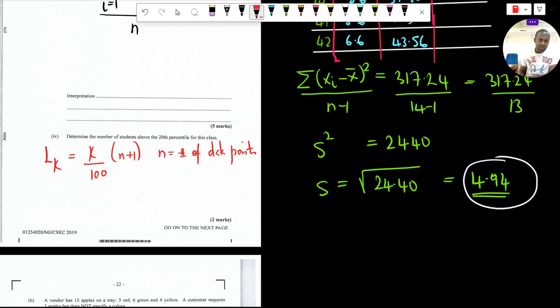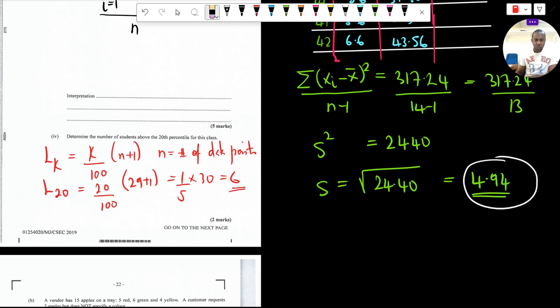So if we're interested in the position of the 20th percentile, we say L20 is equal to 20 over 100 times, now remember that in this data, there were 29 students in the class. So n equals 29, and therefore we have 29 plus 1, which is basically equal to 1/5 of 30, which is equal to 6.